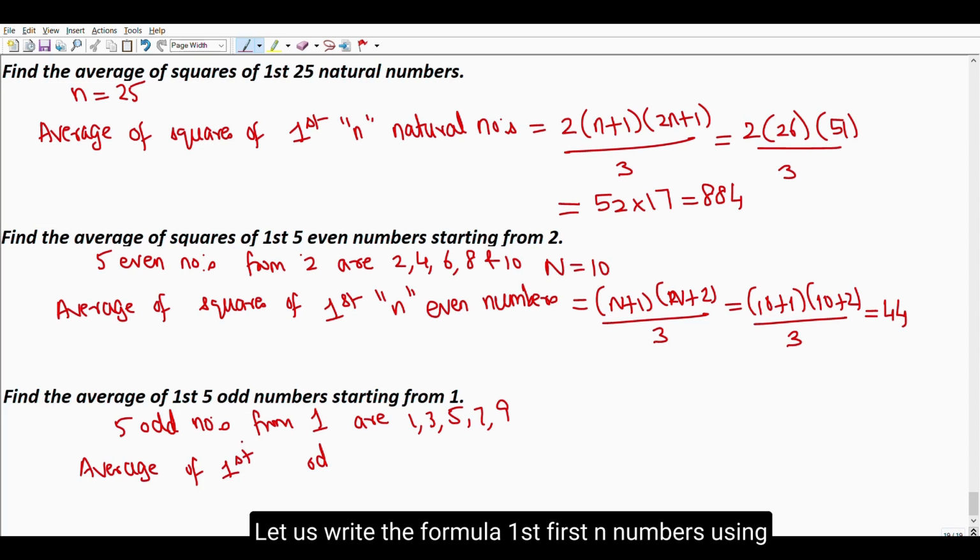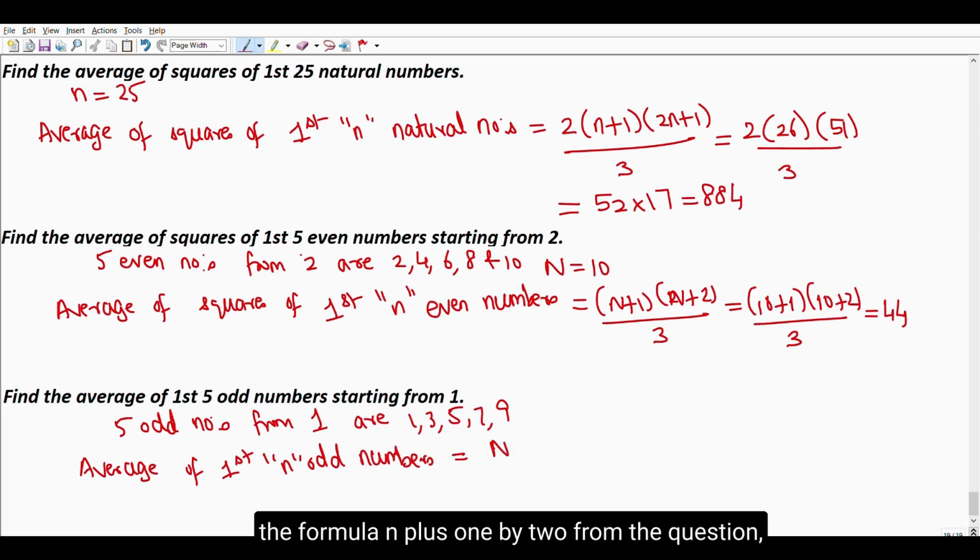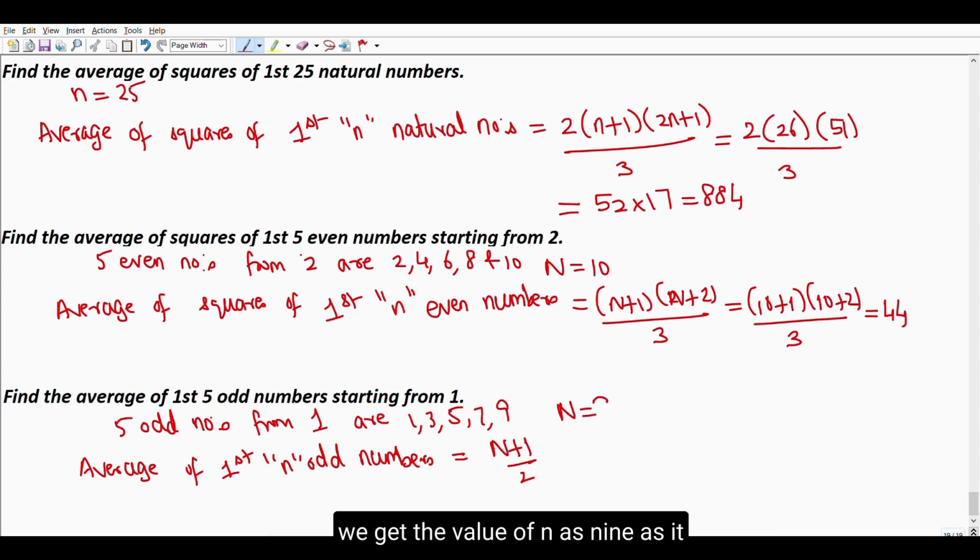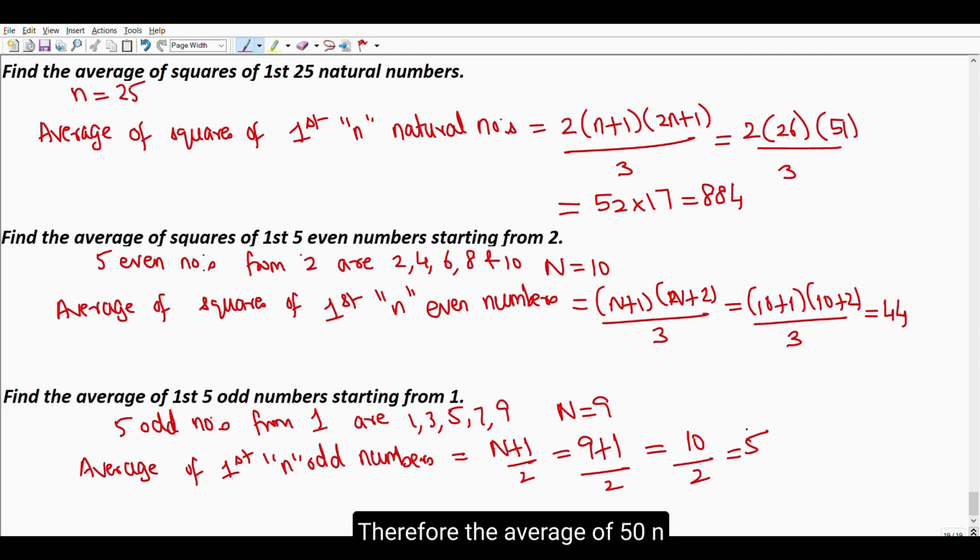The average of first n odd numbers using the formula n plus 1 by 2. From the question, we get the value of n as 9 as it is the last odd number available in the data. So thereby solving we get 10 by 2, which is equivalent to 5. Therefore, the average of first 5 odd numbers is equal to 5.